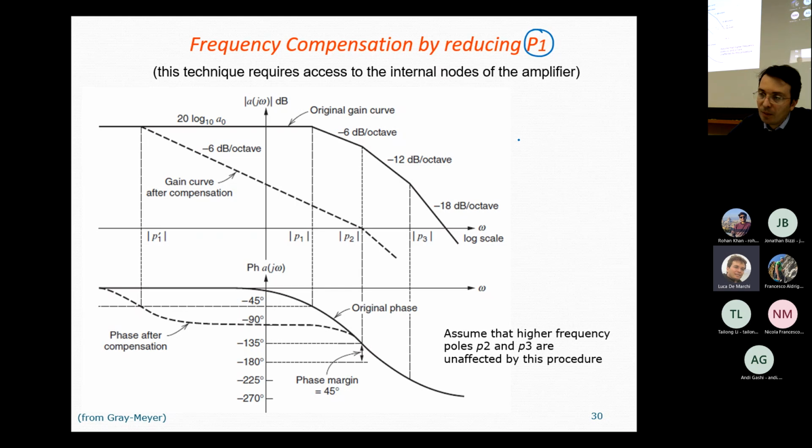The idea is that, again, the solid curve, the initial value of little a of j omega, corresponds to an unstable situation. Let's suppose again that f is equal to 1. So 20 logarithm base 10 of 1 over f is equal to 0 dB.